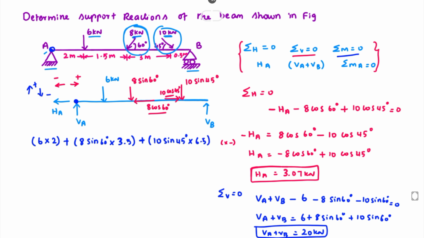Again, there is the anti-clockwise force VB, so minus VB into the total length 7, equal to 0. Solving this, we get the value of VB. Here the only unknown is VB. The VB value will be 11.47 kilonewton.